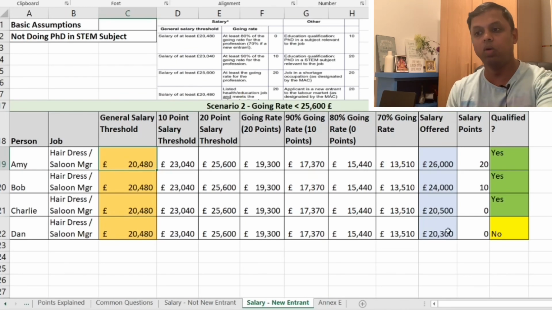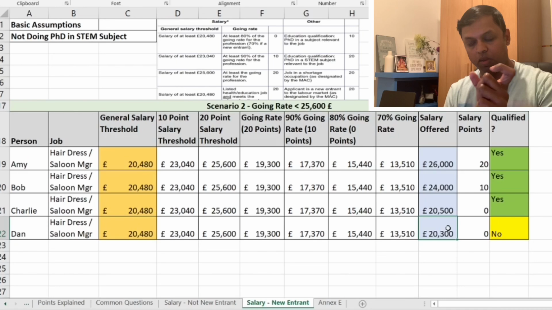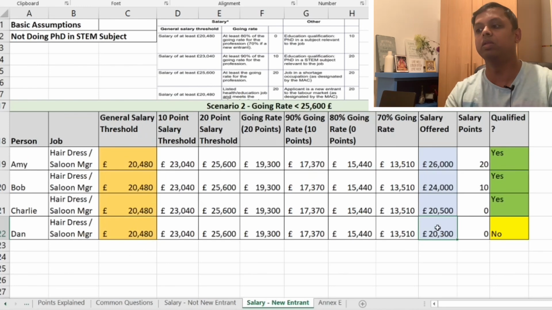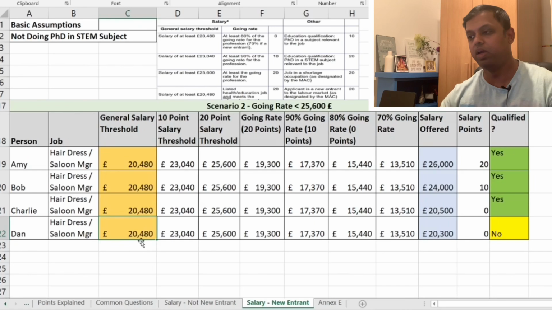The only value that matters is the general salary threshold, which is a minimum of 20,480. So as long as the salary is about 20,480, even if it's 20,500, 20 pounds higher than the general salary threshold, you'll still qualify. And because you get the new entrant 20 points, you automatically qualify. You don't need the salary points, even if your salary points is 0.